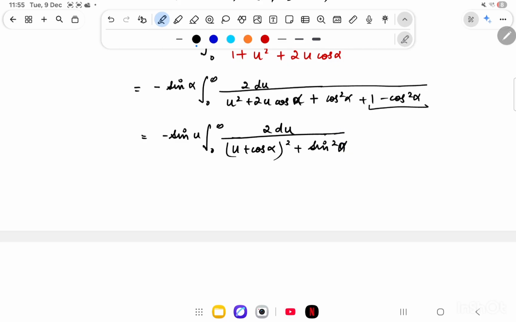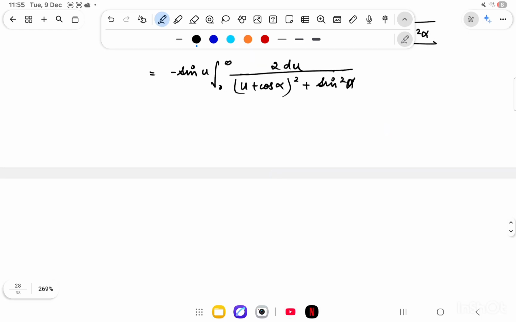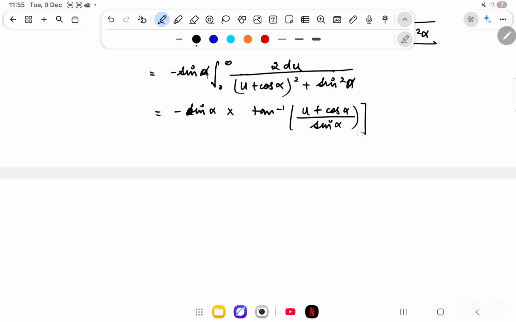Now if I integrate it, it will basically be equal to minus sin alpha into 2 tan inverse of (u plus cos alpha) divided by sin alpha, with limits varying from 0 to infinity, divided by sin alpha, because the integration of 1 divided by (a square plus x square) dx is equal to 1 by a tan inverse x by a.